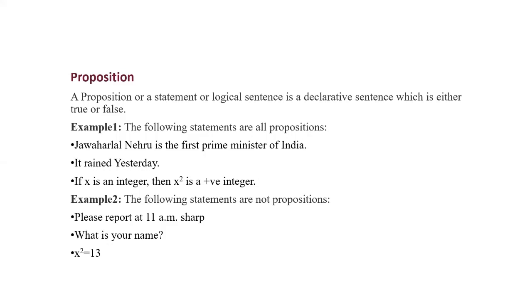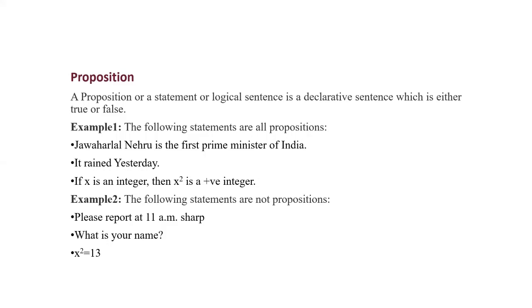Another example: if x is an integer, then x square is also a positive integer. This also has truth value true. Again, the following statements are not propositions. Please report at 11 a.m. sharp. This sentence doesn't contain any truth value, either true or false, right?